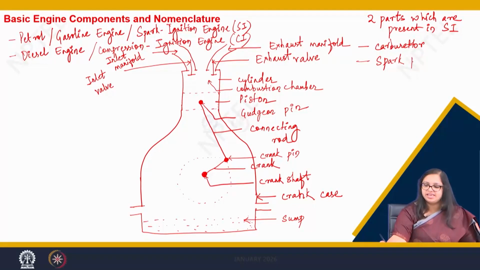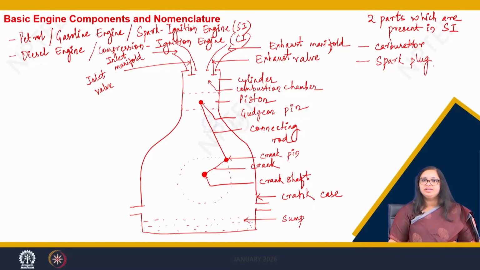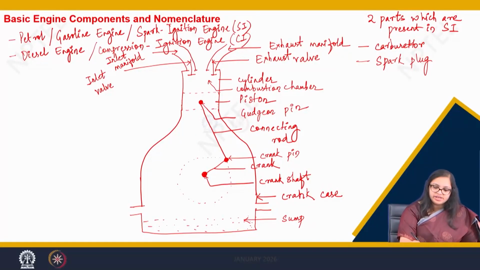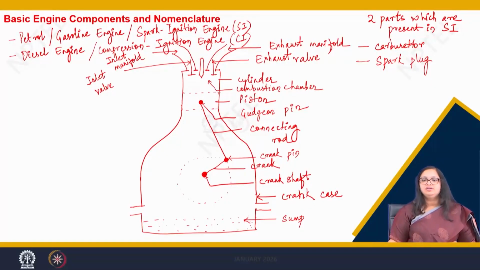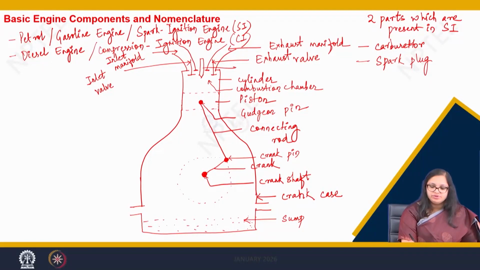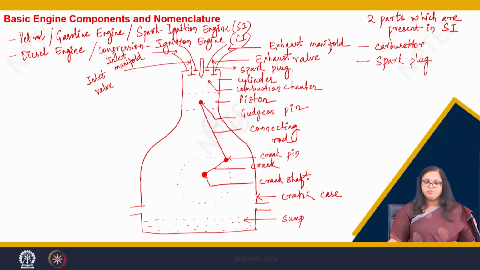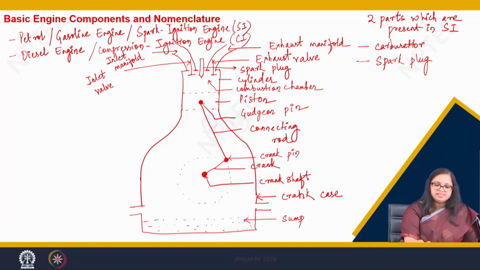As the name says, the petrol engine is also called the spark ignition engine. So, in between this inlet valve and exhaust valve, there is a component which ignites the combustible material, which we call the spark plug.